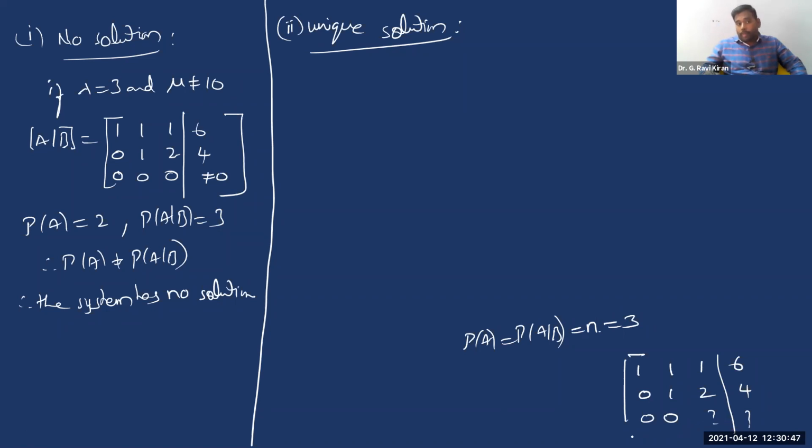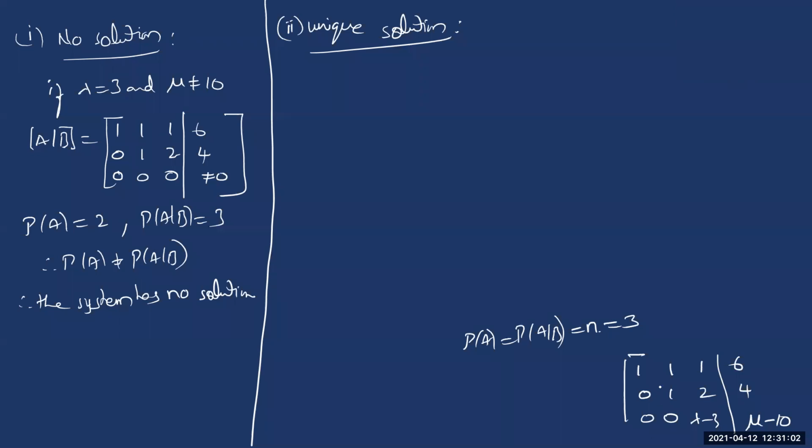For what values of lambda and mu? See what you have here actually: lambda minus 3, and here it is mu minus 10. For what values of lambda and mu will we get 3 non-zero rows here? Lambda not equal to 3. What about mu then?